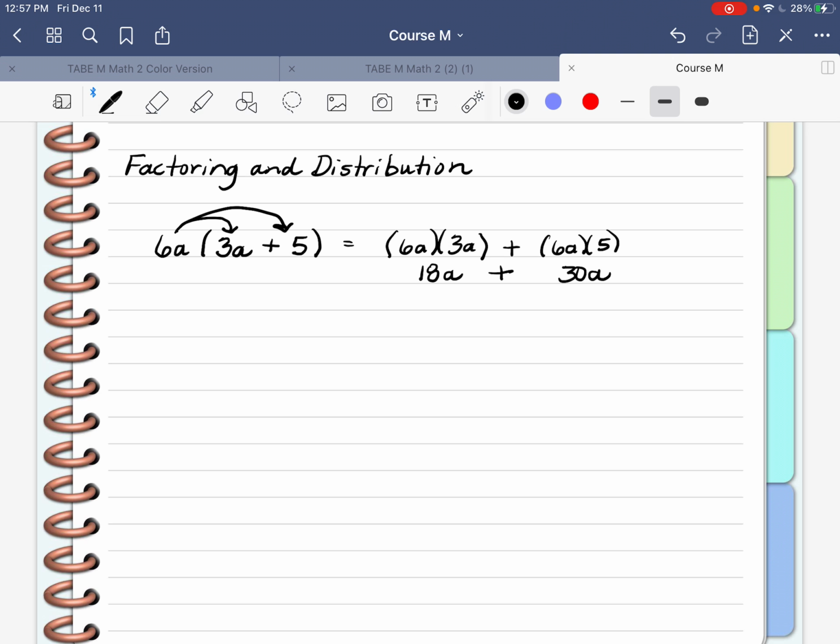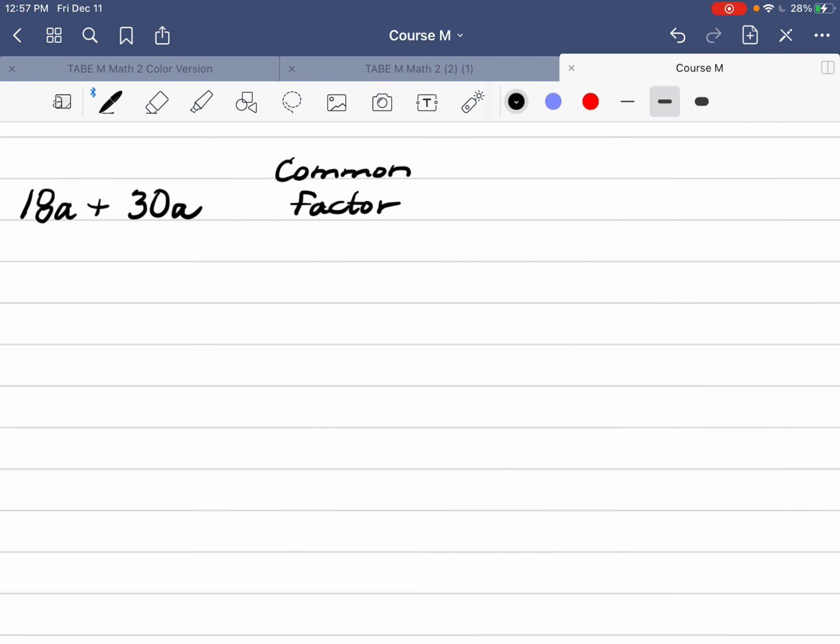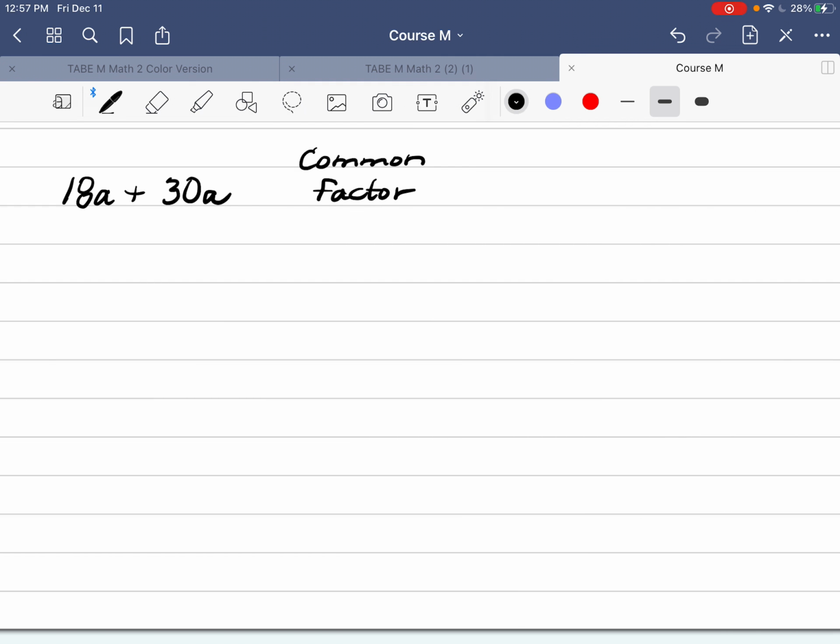To factor this binomial, ask yourself, what do they have in common? Well, they're both divisible by 6, and they both have an a.